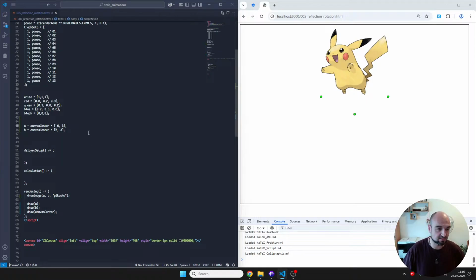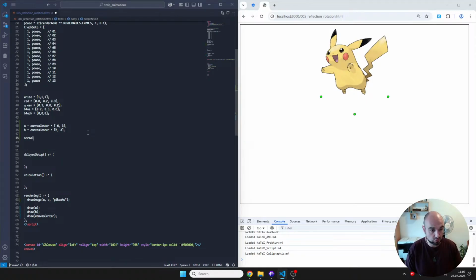So yeah, let's start by having normal vector 1. Let's say if the line goes maybe 140 degrees, maybe we have 50 degrees for the first normal vector.